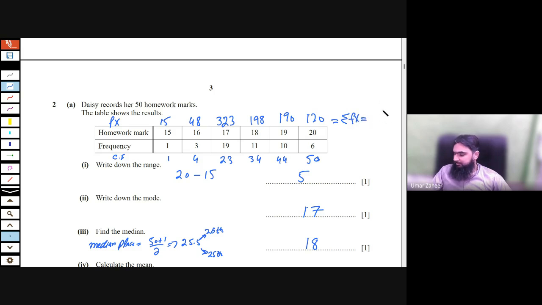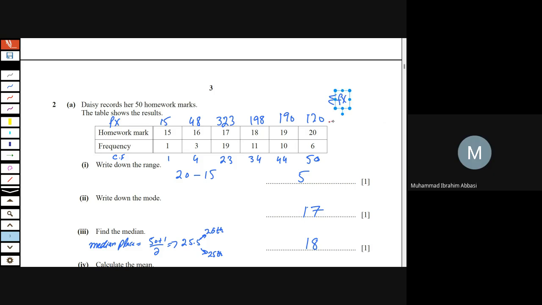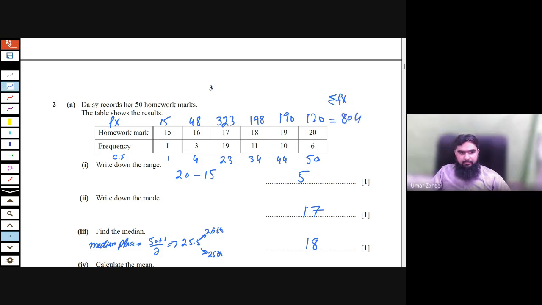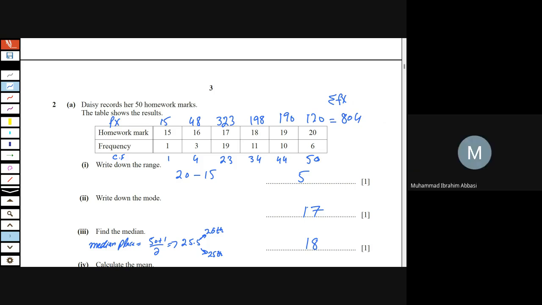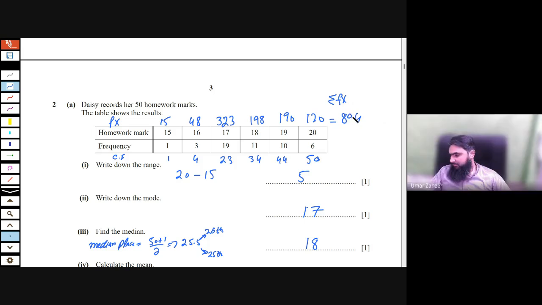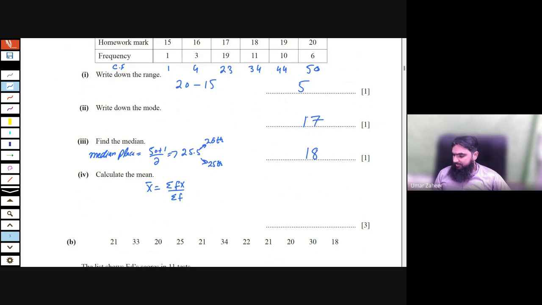What is the sum? It is 894. So the summation of f x is 894.